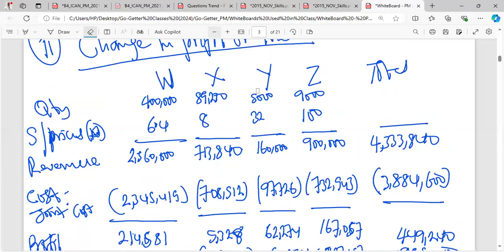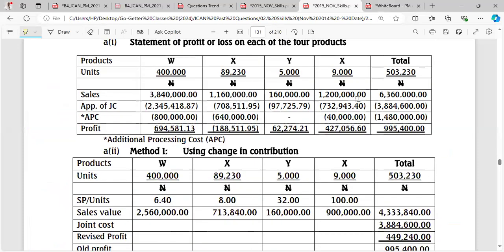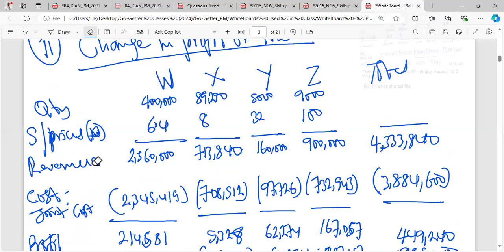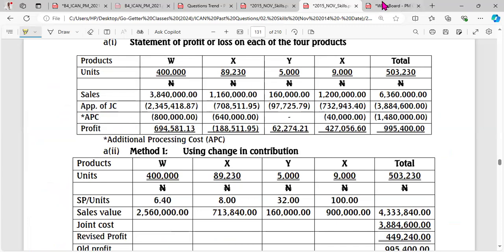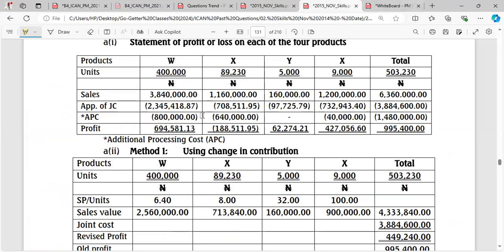And their costs: 2,345,419, yes. 708,512, 97,726, yes.